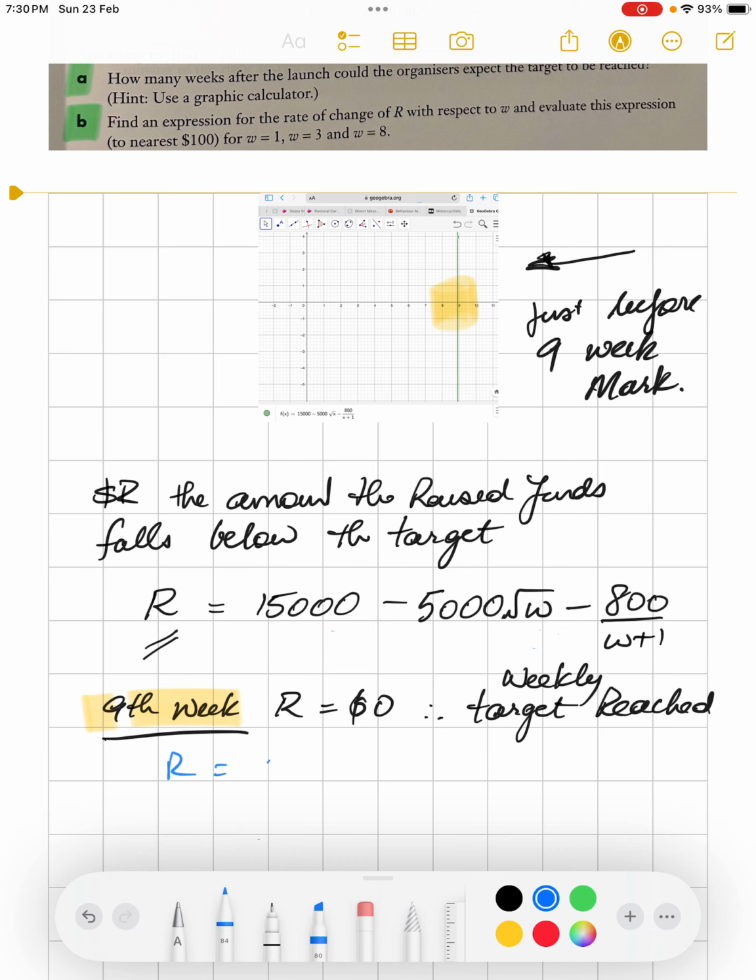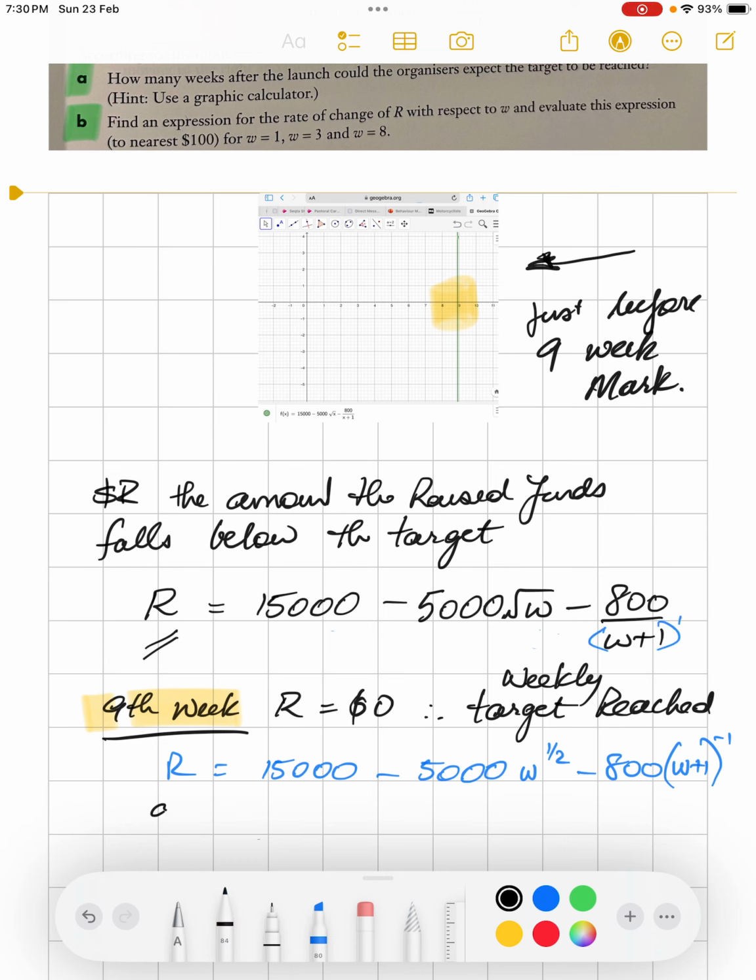Where R is 15,000 minus 5,000 W to the power of a half, minus 800 (W plus 1) to the negative 1. So we bring that power of 1 up to the top to be negative 1.